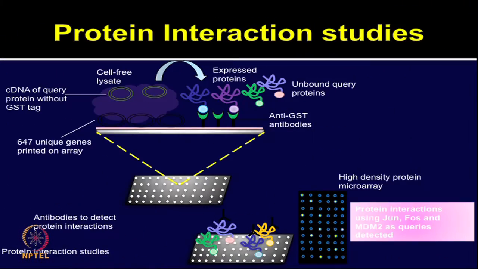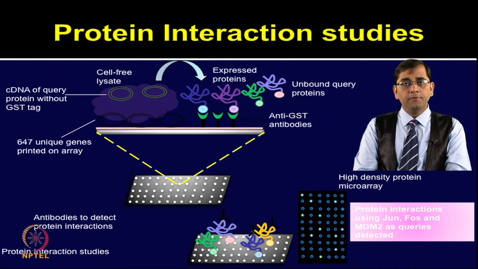Let us now discuss the next case study, high density NAPA array approach for studying well characterized gene pairs, a study by Ramachandran et al. 2008. The previous study which we discussed was more of a proof of concept, where a handful of proteins were taken to study the protein-protein interactions, whereas this time authors used high density arrays where thousands of protein features were printed.